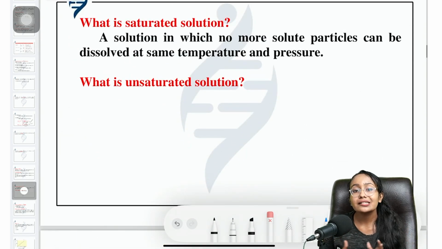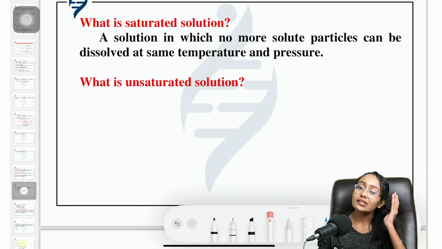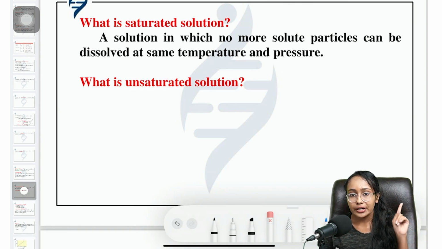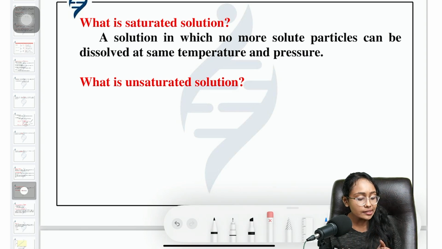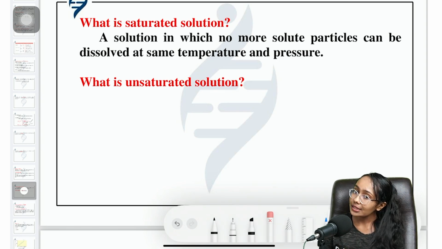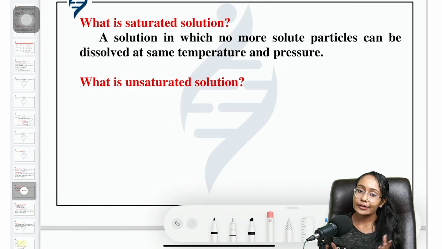And what is a saturated solution? A saturated solution means the solution in which no more solute can be dissolved, or the solution which has already acquired the saturation point. What is an unsaturated solution? That's the next question. I've already told what is a saturated solution, so you tell me what is an unsaturated solution.